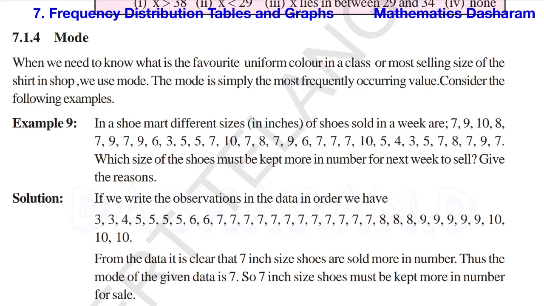So observe example 9. In a shoe mart, different sizes of shoes sold in a week are here: 7 number size, 9 number, 10 number, 8 number, and so on. Which size of the shoes must be kept more in number for next week to sell? Give the reason.